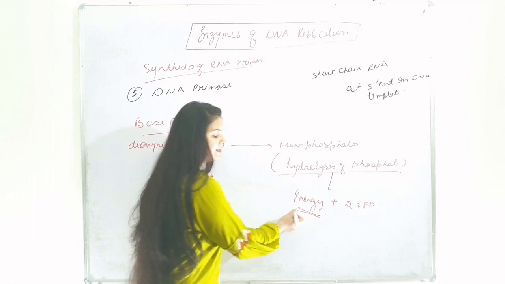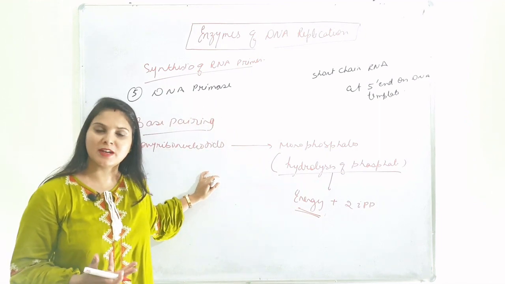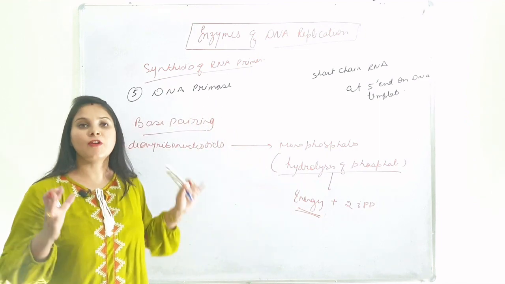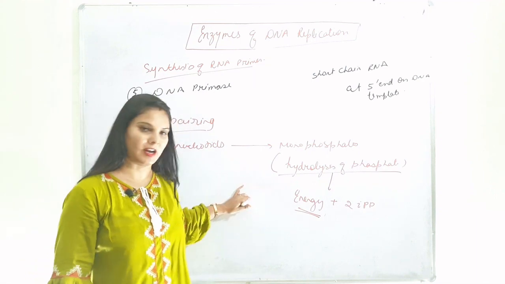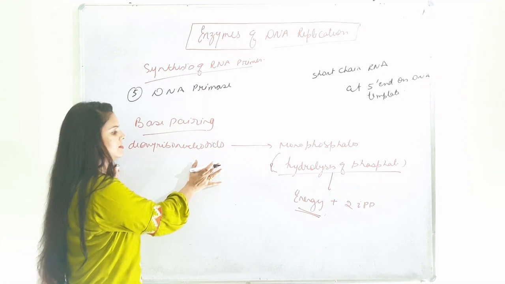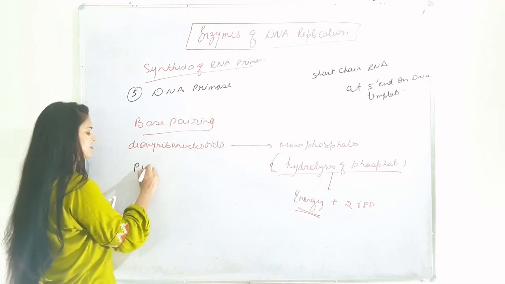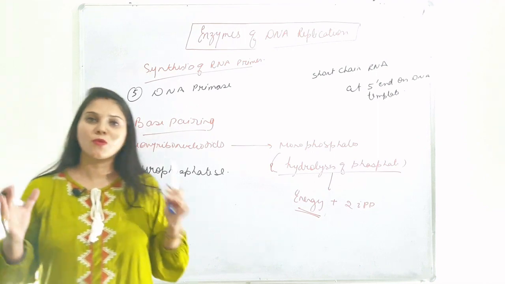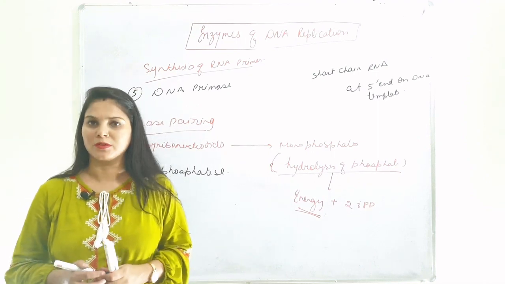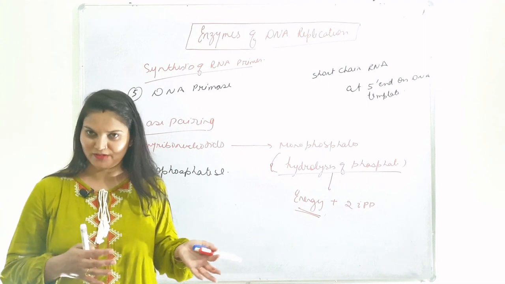The energy released here is used to stabilize the hydrogen bonds formed between the complementary new strand and the template strand, and this conversion is catalyzed by pyrophosphatases. The base pairing here takes place according to the Watson and Crick base pairing rule, which we had already discussed in a previous video.